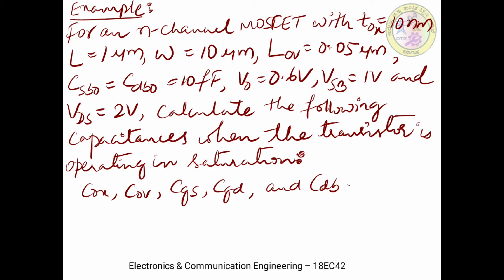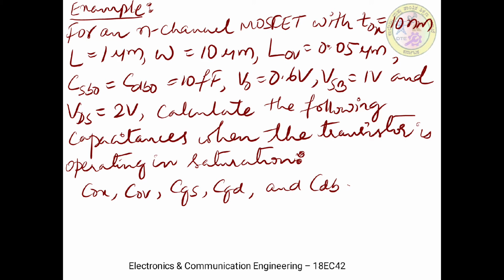So here one example problem is given. For an N-channel MOSFET with specifications like T oxide equal to 10 nanometer, length 1 micrometer, width 10 micrometer, and overlapping length L overlap equal to 0.05 micrometer, and CSB naught and CDB naught both equal to 10 femtofarads, with V naught equal to 0.6 volts, VSB 1 volt, and VDB equal to 2 volts.